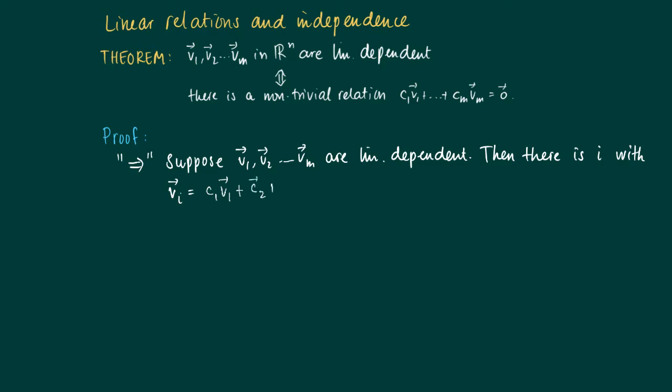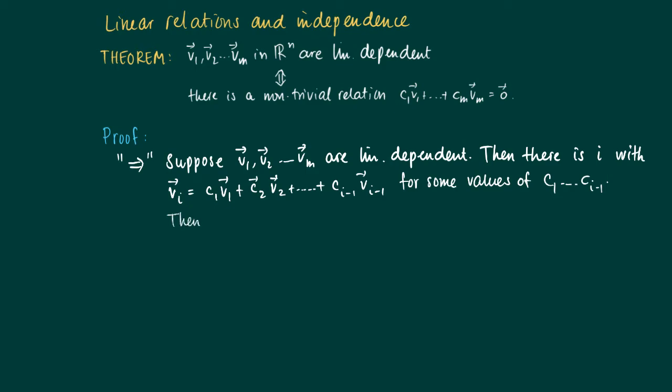So there are constants or scalars c1, c2, etc. until ci minus 1, such that vi can be expressed as a linear combination of those, for some values of c1 to ci minus 1.